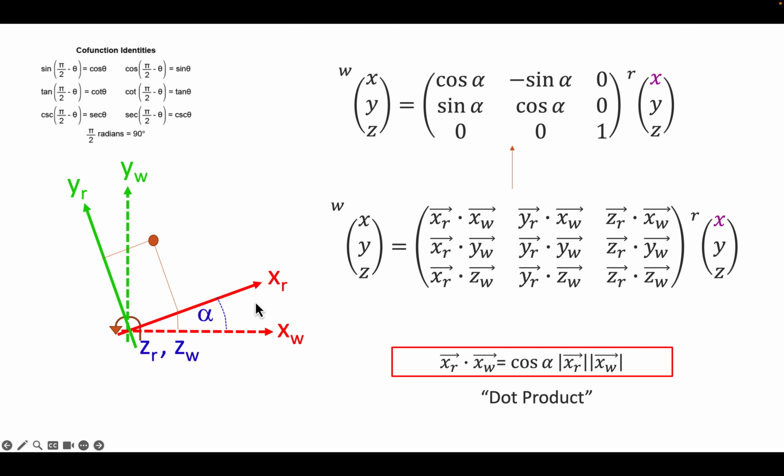Now I look at YR and XW, and I get the cosine of 90 plus alpha. Again, I can look up the identity and I find that is minus sine of alpha. The good thing about this is that it always works, and we will do a little exercise.